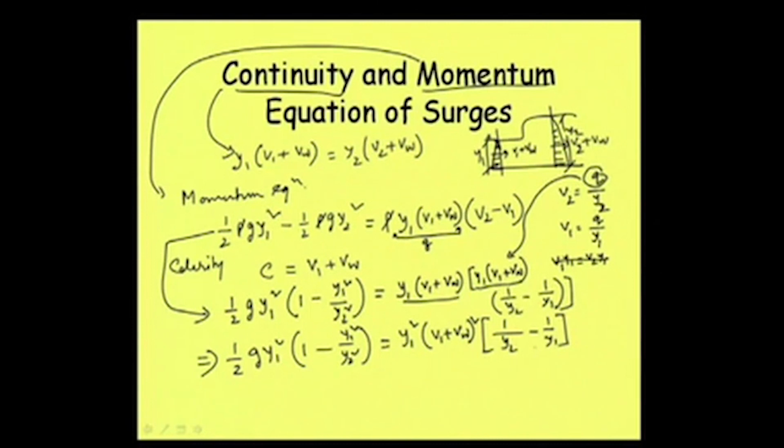Now let us see how we can further simplify this expression. Here v1 plus vw is nothing but c, so we can put the value here as c square.